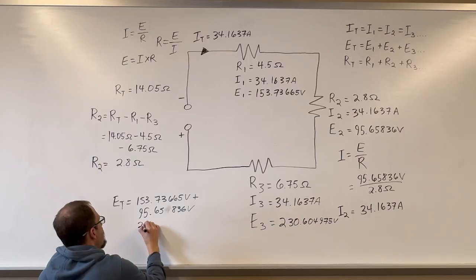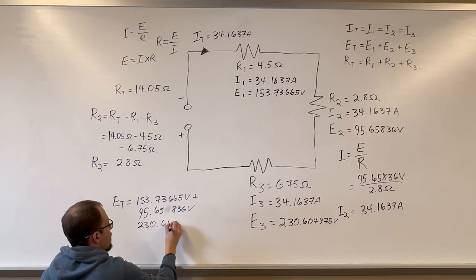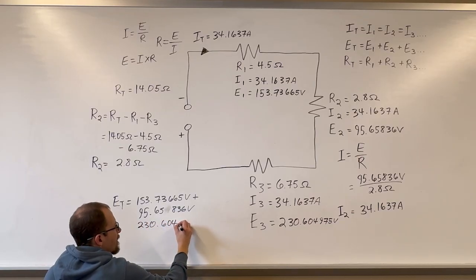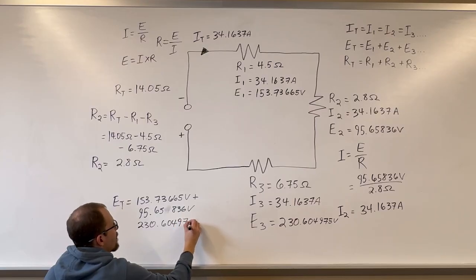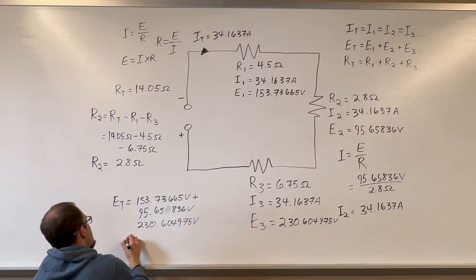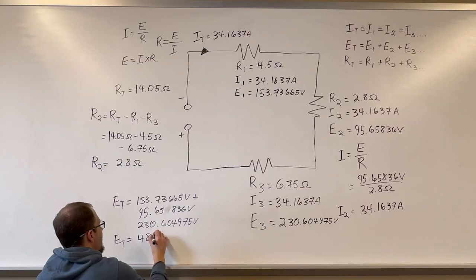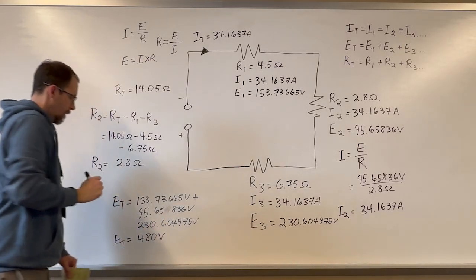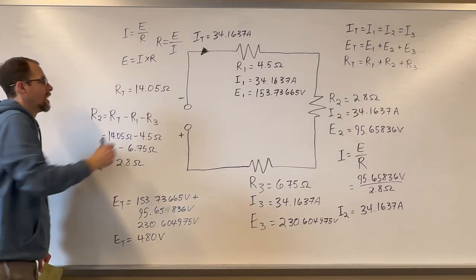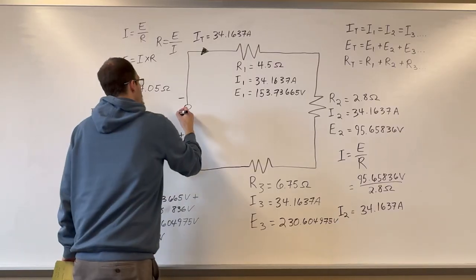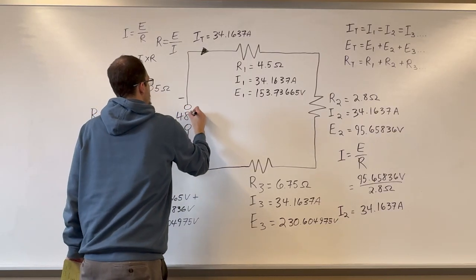And finally, 230.604975 volts, giving us an E total of 480 volts. And where does that live? It lives at our source.